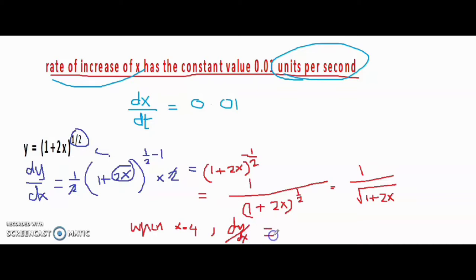We get dy by dx is equal to 1 over square root of 1 plus 2 times 4, because x is 4, which is equal to 1 over square root of 9, which is 1 by 3.